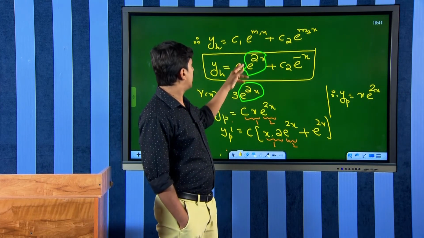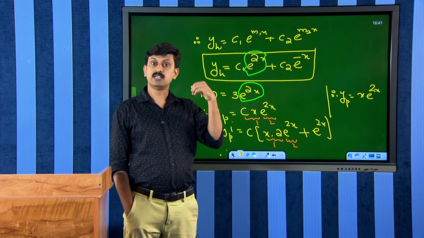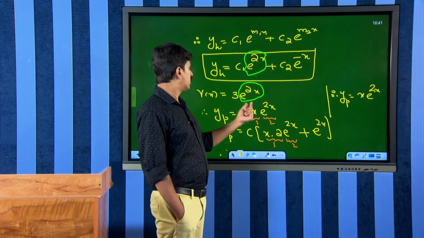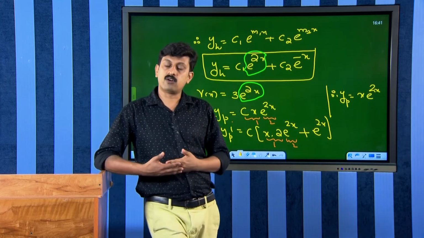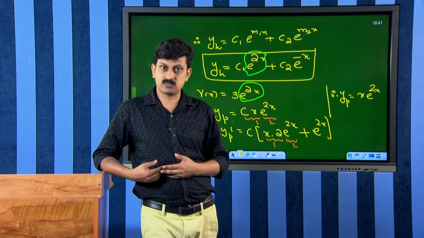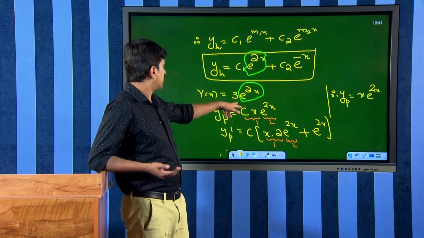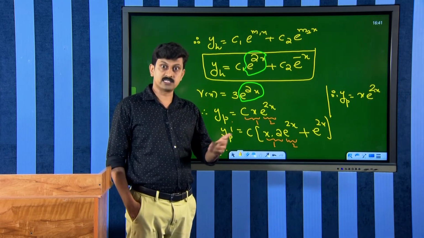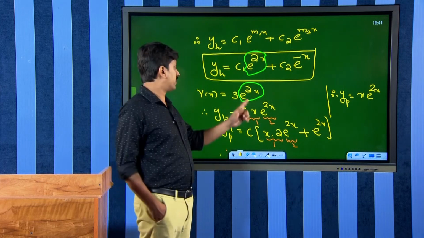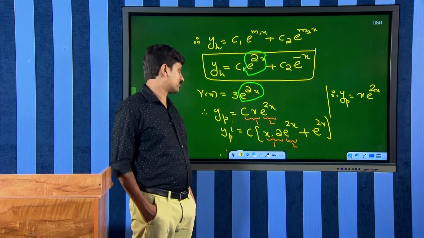Since the auxiliary equation has a root that matches, we just multiply with x. If the auxiliary equation has a double root, then we multiply with x square.